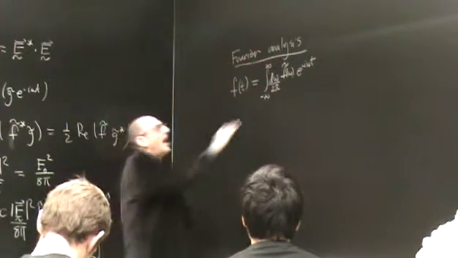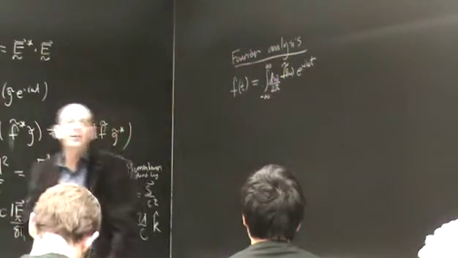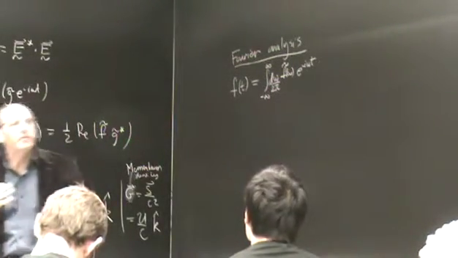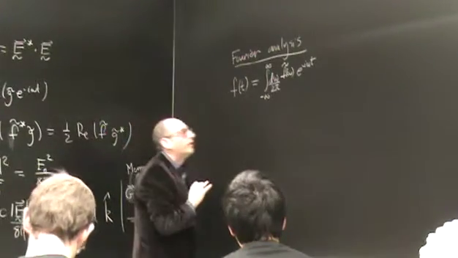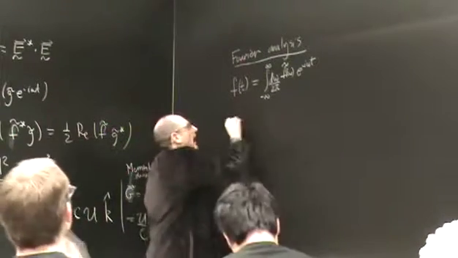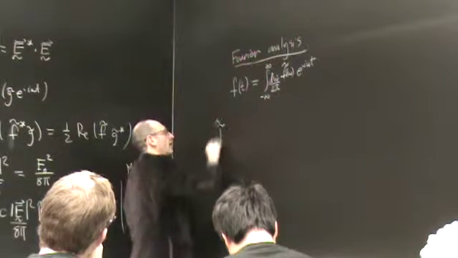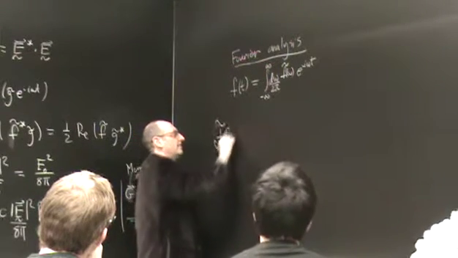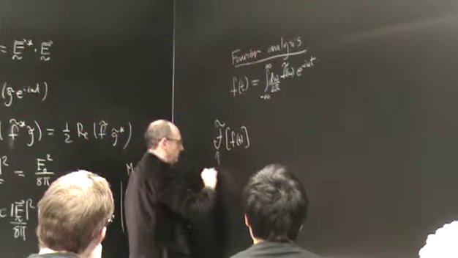We could put a square root of 2 pi there and a square root of 2 pi the other, but this is typically the tradition for writing a Fourier transform. So f of omega is a Fourier transform. I'll use the symbol script F for the mapping on the function.